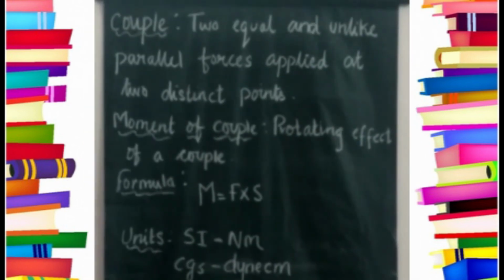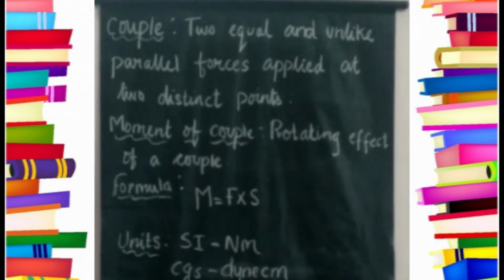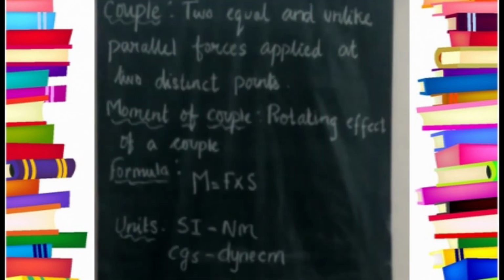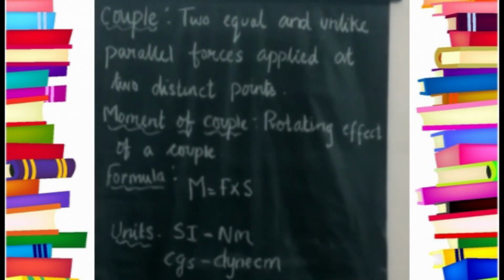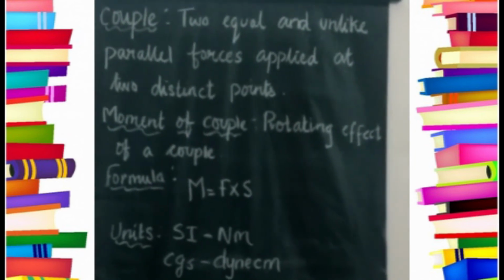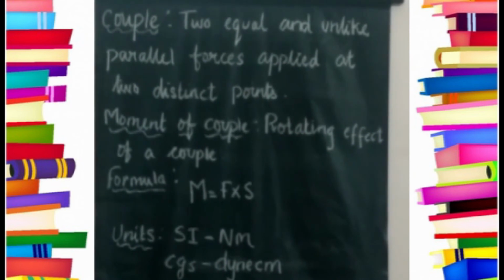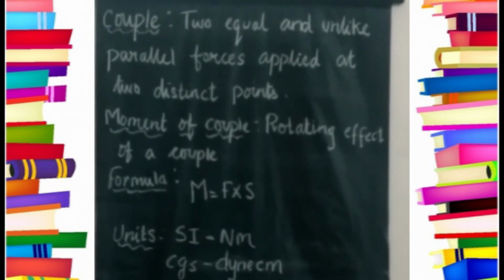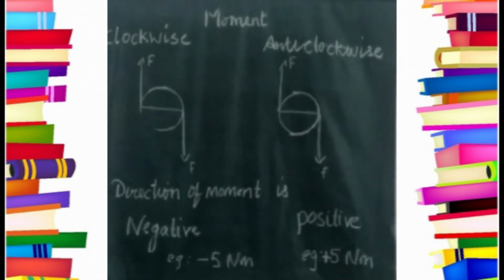The moment of couple is M is equal to F into S, where M is the moment of a couple, F is a force and S is the distance. The SI unit for moment of couple is Newton meter and the CGS unit is dyne centimeter. Now let us see about clockwise moment and anti-clockwise moment.